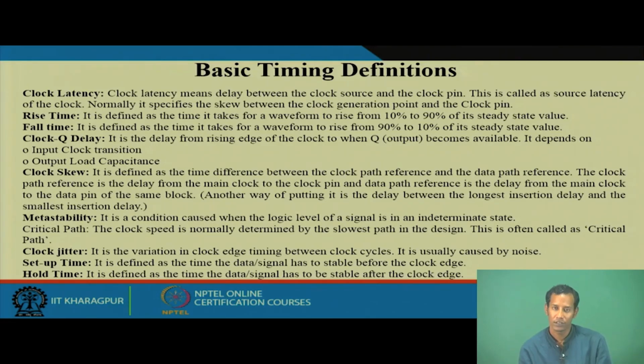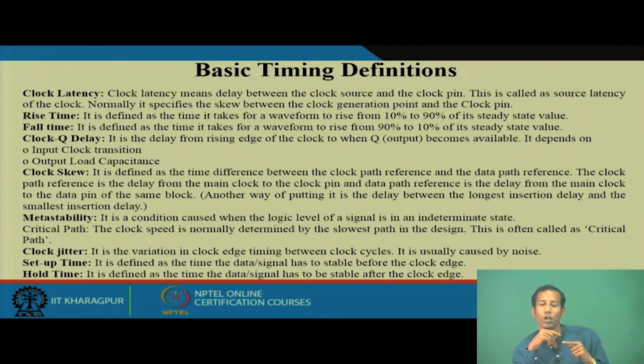Then clock to Q delay. What is this clock to Q delay? It is the delay from the rising edge of the clock to when Q becomes available. It depends on the input clock transition as well as the output load capacitance. As we have already discussed, the register itself has some inherent delay, because it is made of gates, and those gates have some delay.